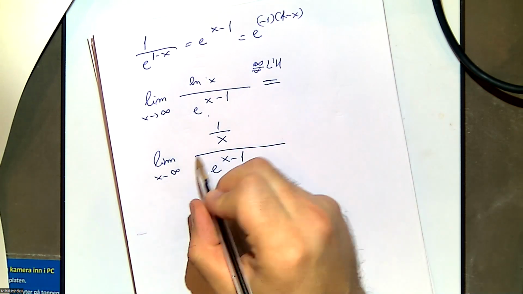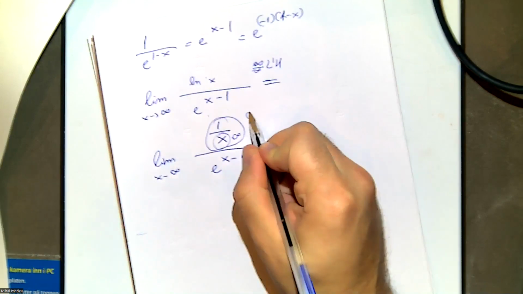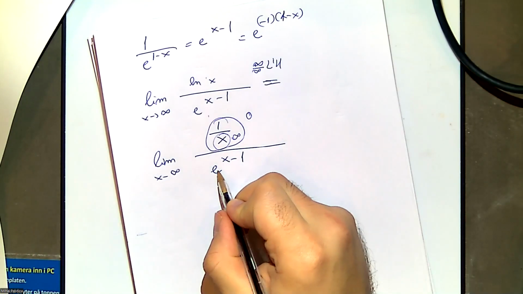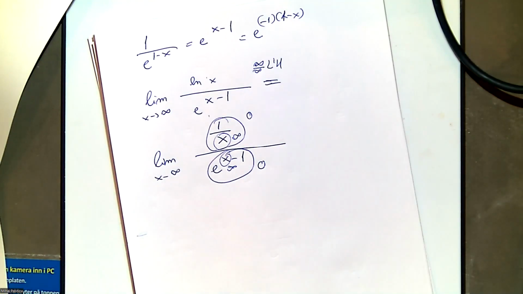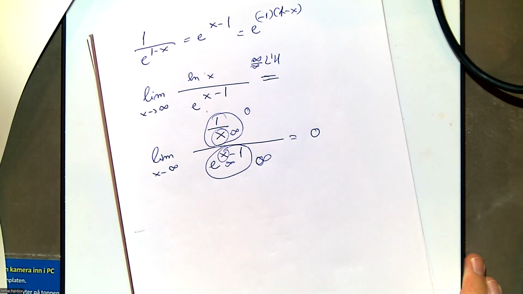If x goes to infinity, 1 over infinity goes to 0, and the denominator goes to infinity, not 0. So I get 0 over infinity, which is just 0. Looks pretty good, I think. Any particular questions for this one?